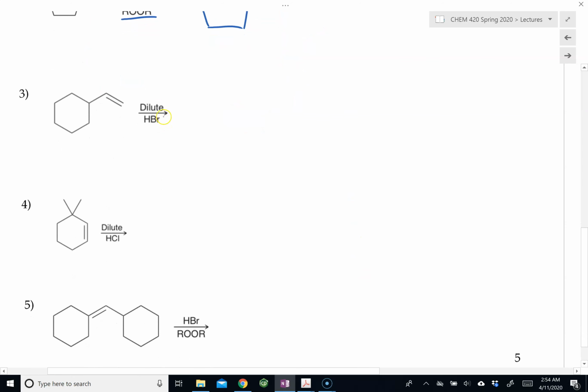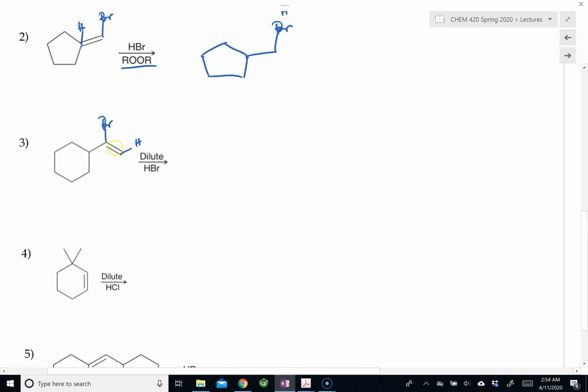And as for number 3, this is very similar. So in this case right here, we have HBr and there's no peroxide. So the major product would then be the Markovnikov product. So therefore the bromine will be added to this carbon and the hydrogen will be added right there. But in this case right here, we have to take notice that once we are producing, in the mechanism of this reaction after the basic attack, this carbon will become a carbocation.